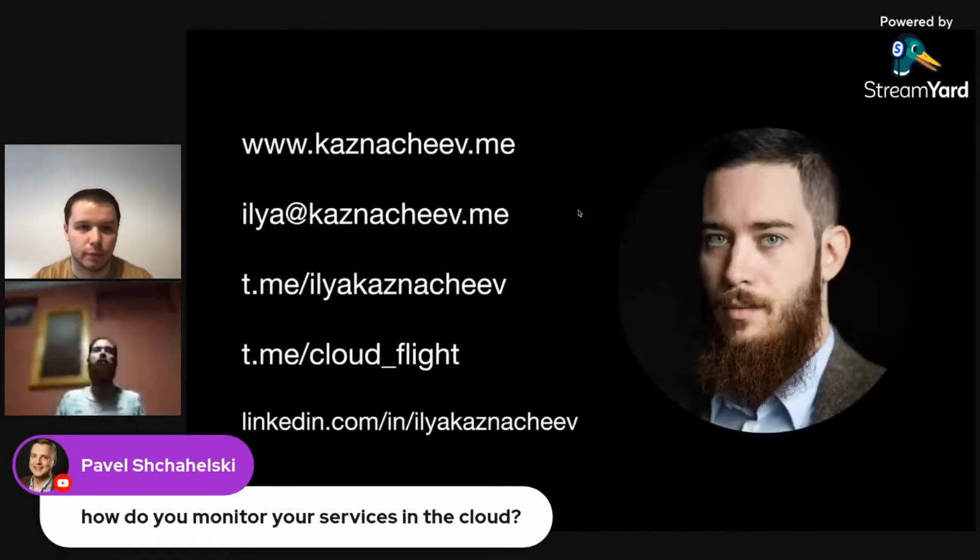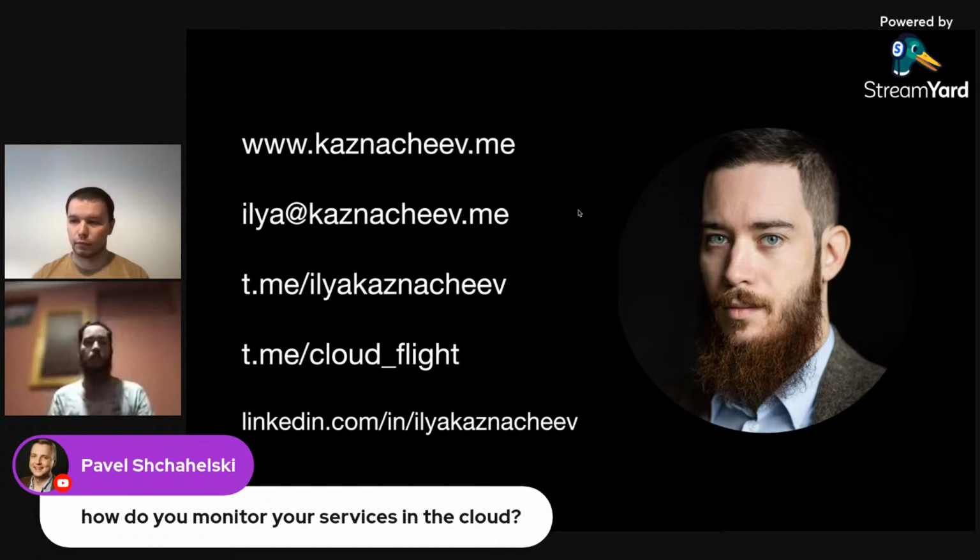Okay, so again, there are several options. First option is to use what the cloud provider gives you, and the majority of providers have some kind of monitoring solution, monitoring product for you.